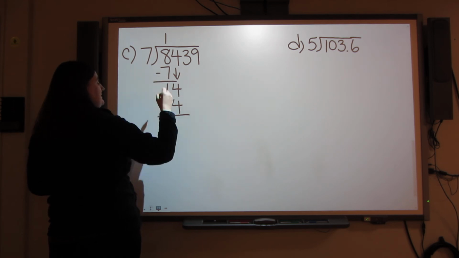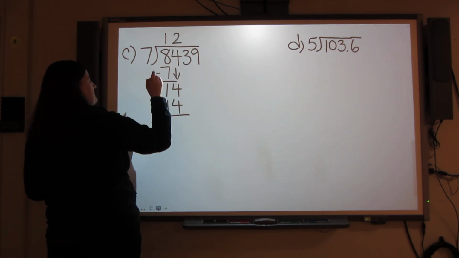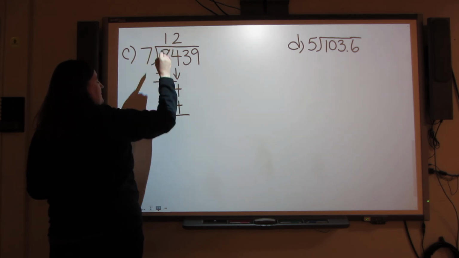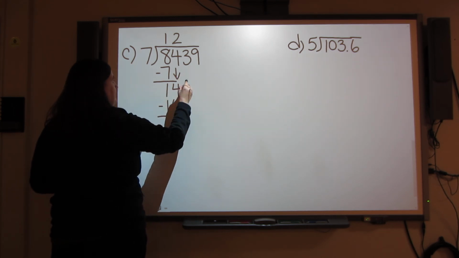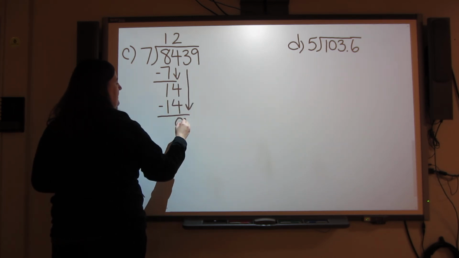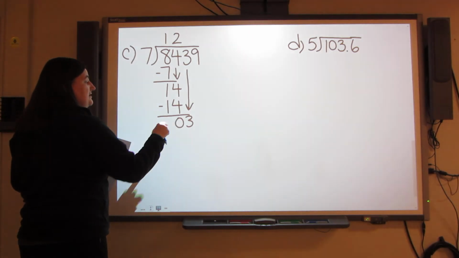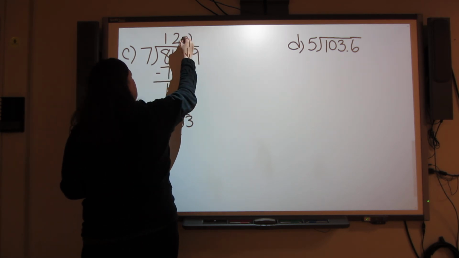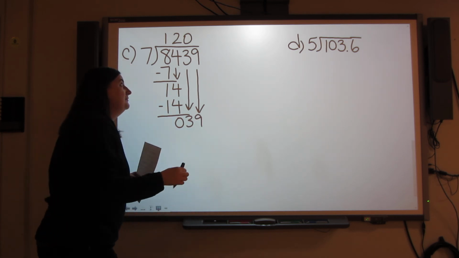How do I get to 14? 2. 7 goes into 14 2 times, because 7 times 2 is 14. And that is a 0, so I drop my 3. Now here's something interesting. When the 7 goes into the 3, it can't. The 3 is too small. So I have to put a 0 in my answer so that I can drop my 9.